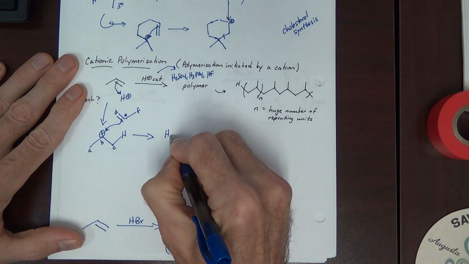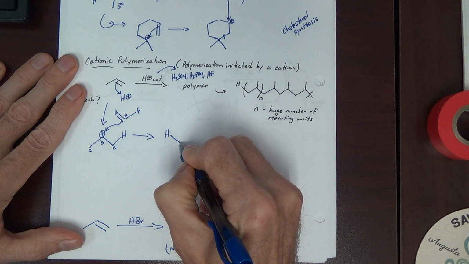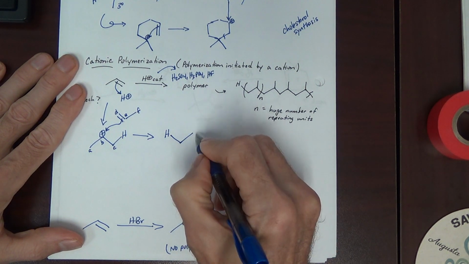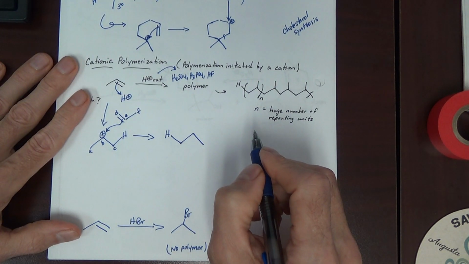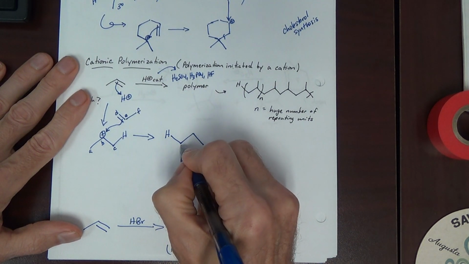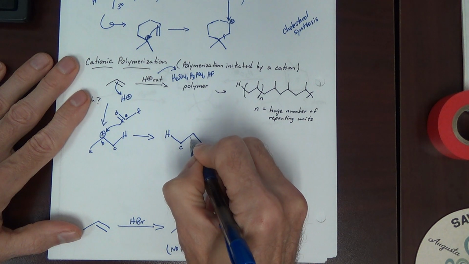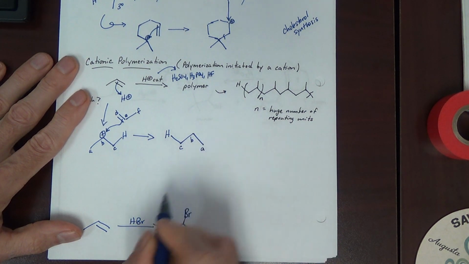H, let's see here, there's 3. I call that CBA.